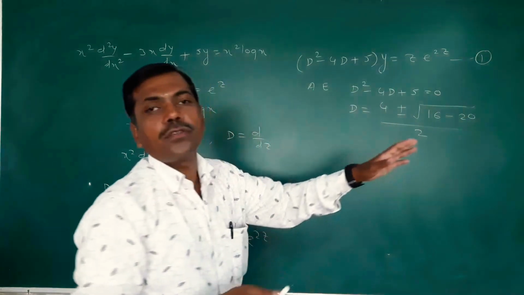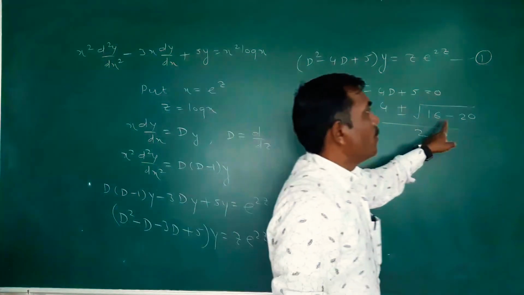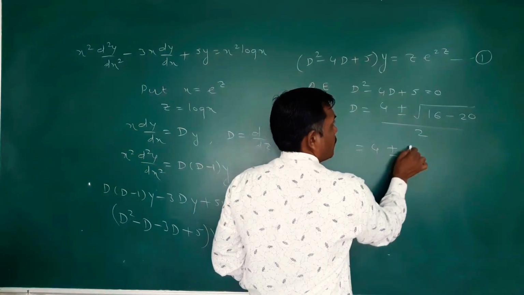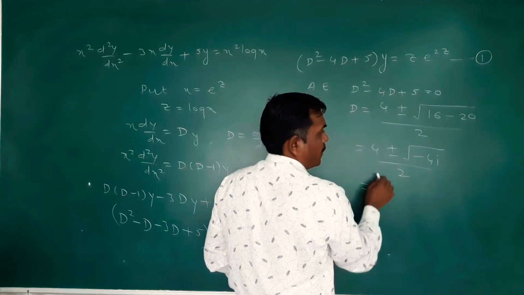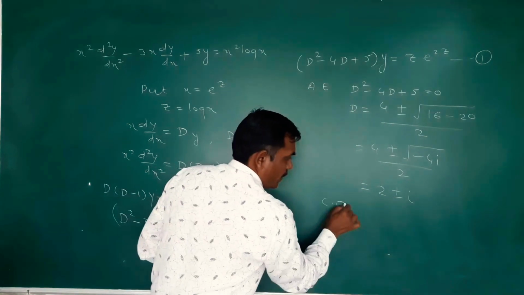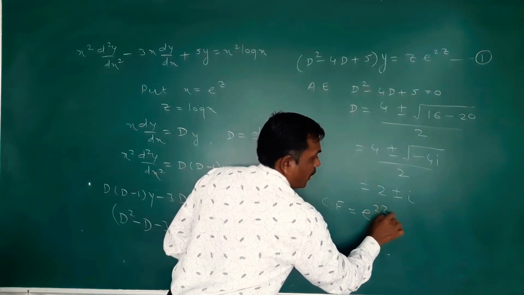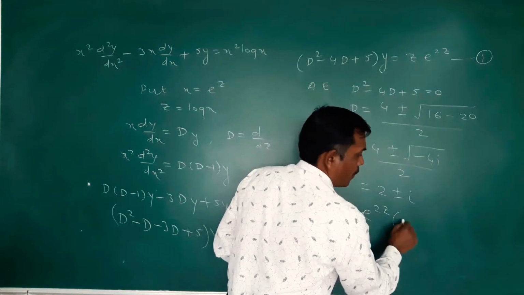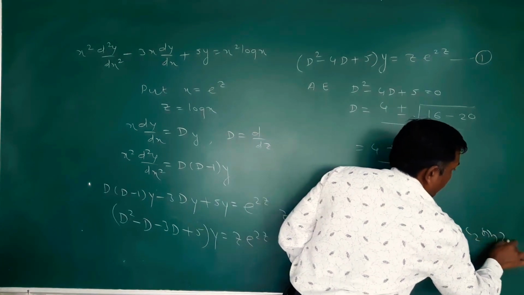Remember the formula: minus b plus or minus under root of b square minus 4ac upon 2a. So here 4 plus minus under root of minus 4 upon 2. So my answer is 2 plus or minus i. So the complementary function we can write as e raised to 2z in bracket c1 cos z plus c2 sin z.